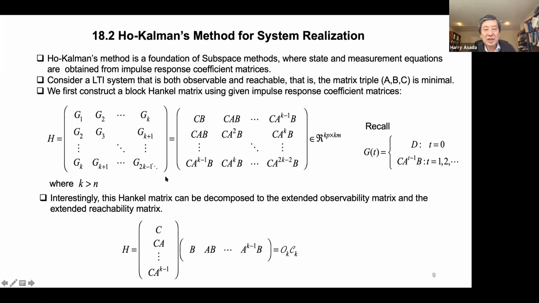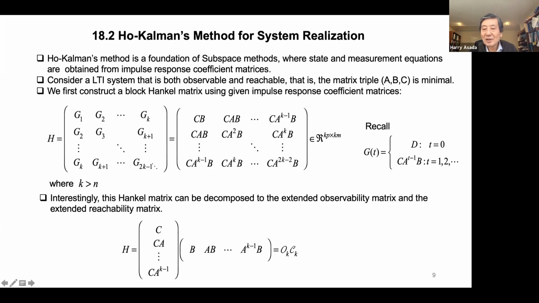Now, let's actually substitute. Recall that we have identified the impulse response quotient to be G_t, t equals 0, D, and t equals 1, CB, and t equals 2, CAB, CA squared B, CA cubed B. This is what we found in the previous slides, right?